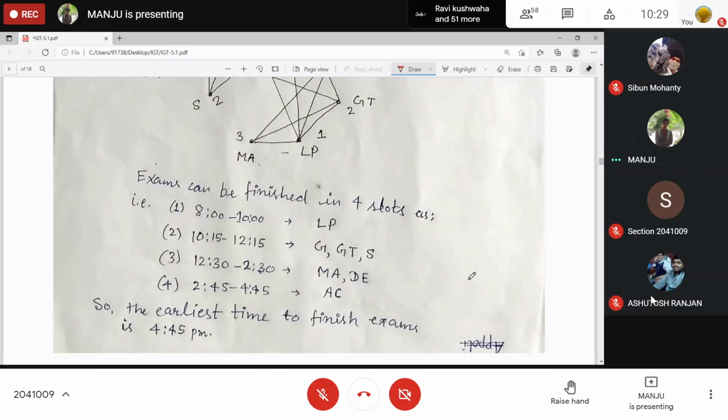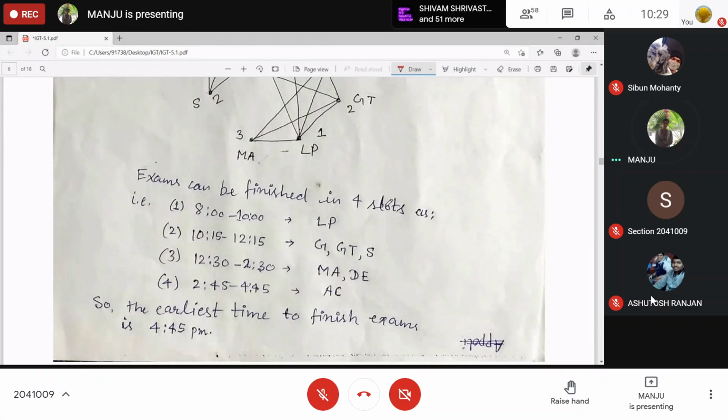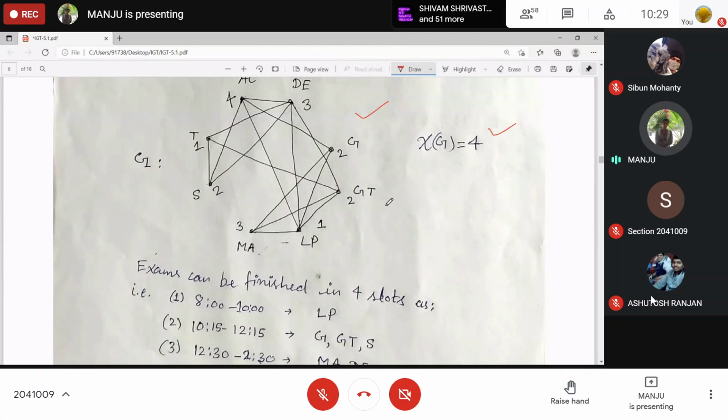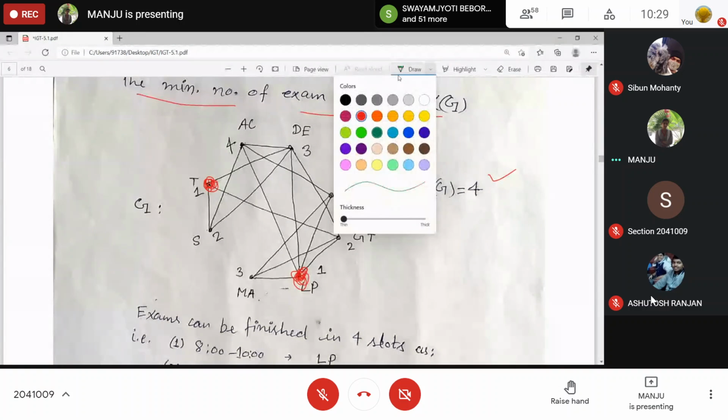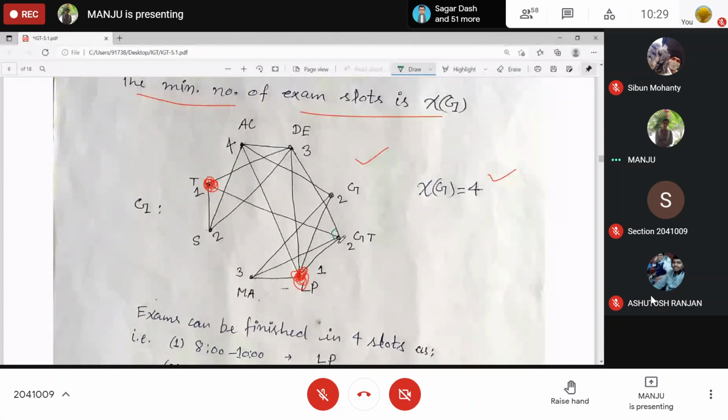Okay. So in the first slot we can offer LP and topology, right? We color them with the same color, color number 1. Color number 2: we cannot use 2 here, we can use 2 here.